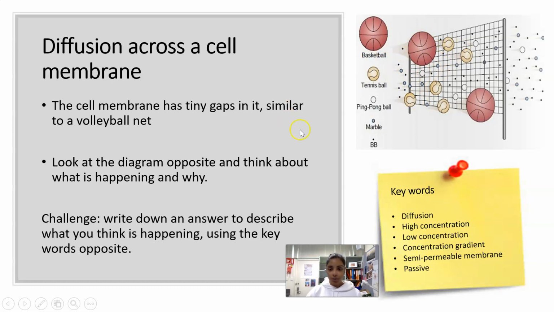What I would like you to do is to pause the video and see if you can write down an answer to explain why some of these balls cannot get through and yet some of them can. And the challenge is to try and use all of the keywords in this list.